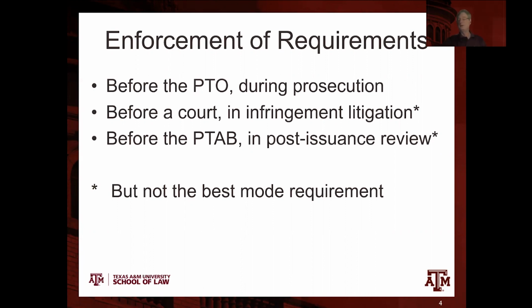Then, if you can get it through the PTO and your patent application issues as a patent, when you sue someone for infringement or threaten to sue someone for infringement, then those same issues can be double-checked by a court in infringement litigation. They can also, since the AIA, be brought before the Patent and Trademark Office, before the Patent Trial and Appeal Board, the PTAB, in some sort of post-issuance review. Almost always inter partes review, but not necessarily.